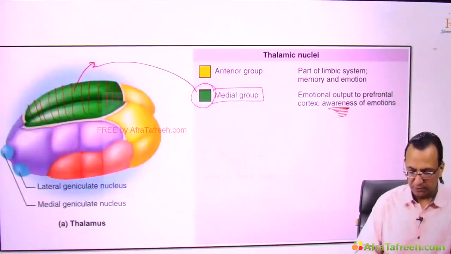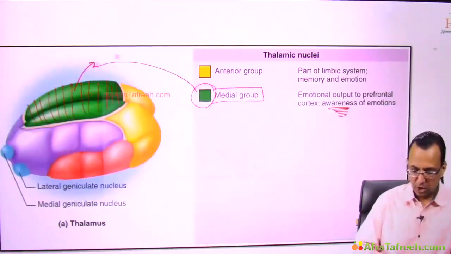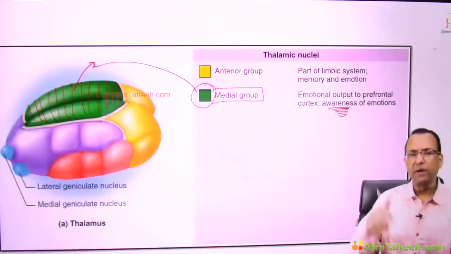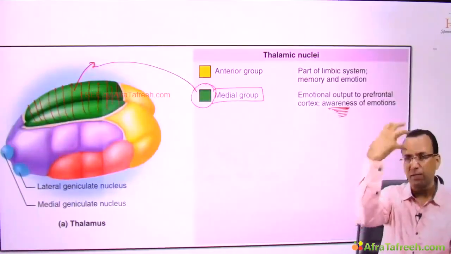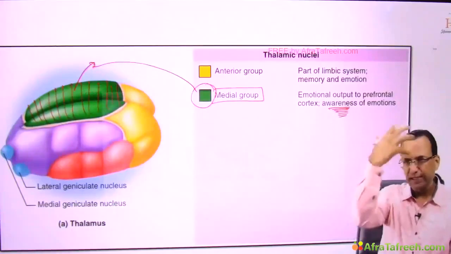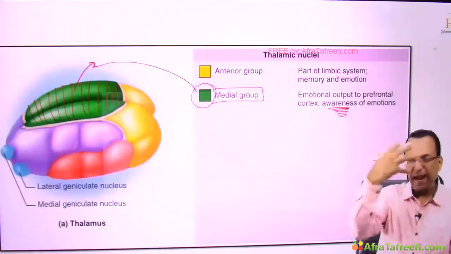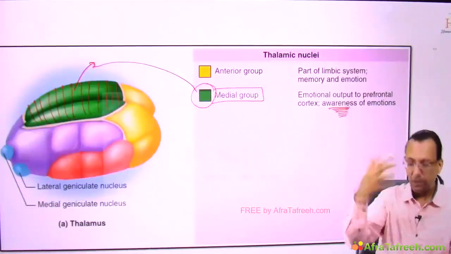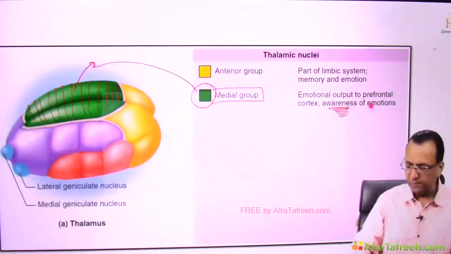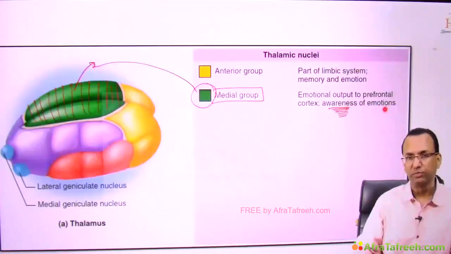We have the frontal cortex and prefrontal cortex, where the prefrontal cortex is for our emotions and social activity and our attitude, behavior, all that. It's all a limbic system thing, and especially the awareness of emotions, prefrontal cortex.